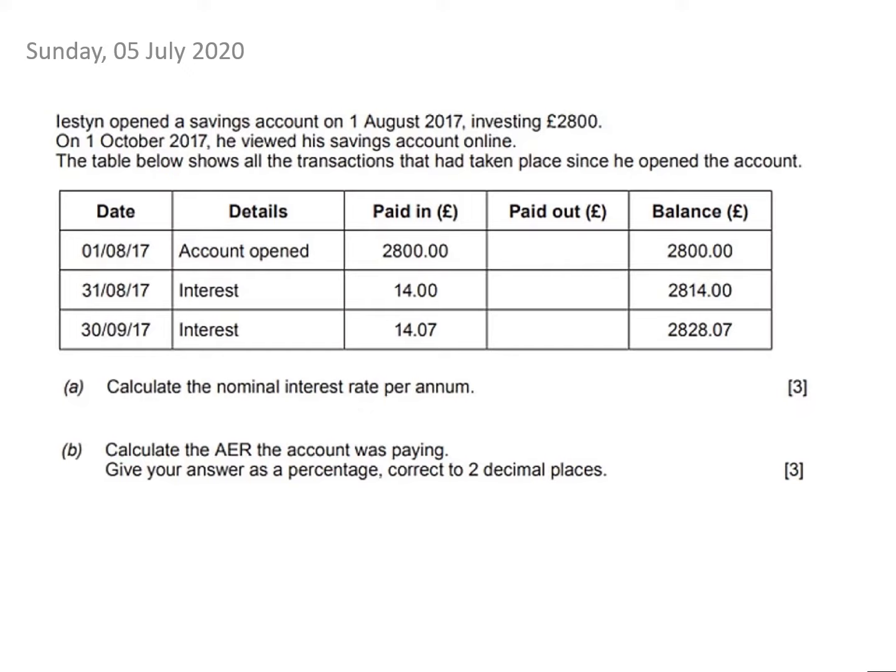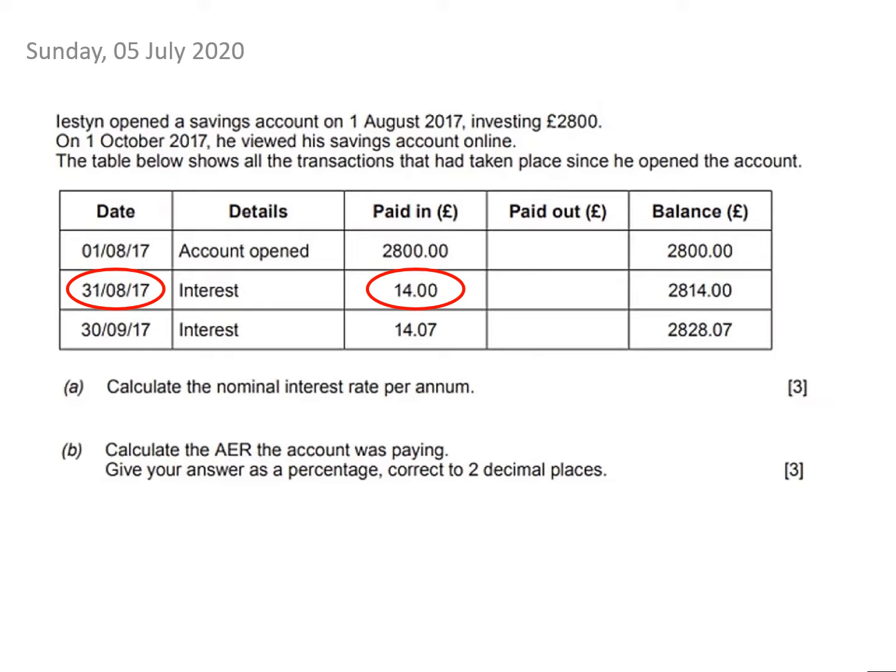And the question here, part A, is asking us to calculate the nominal interest rate per annum. How are we going to do that? Well, we know how much interest we got at the end of the first month. At the end of August, having opened the account at the beginning of August, we had earned an interest of £14. That was £14 on our initial account opening of 2,800.